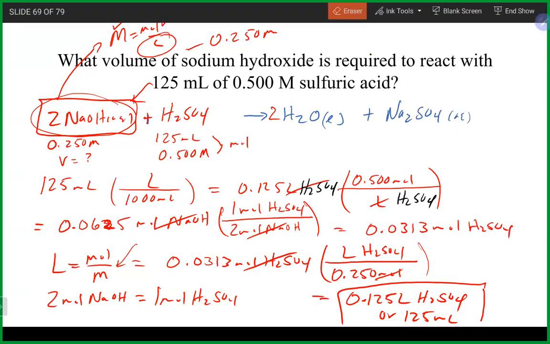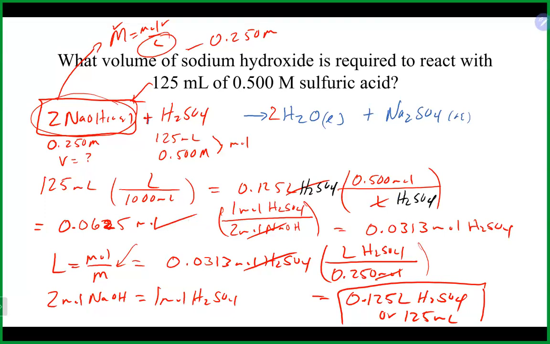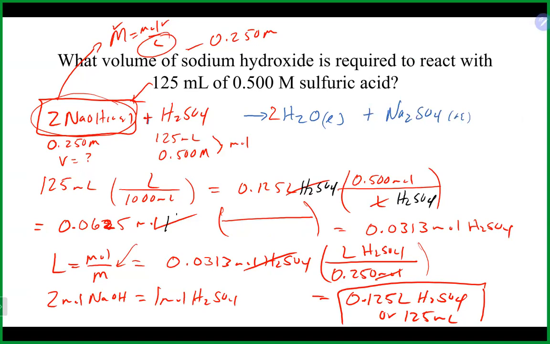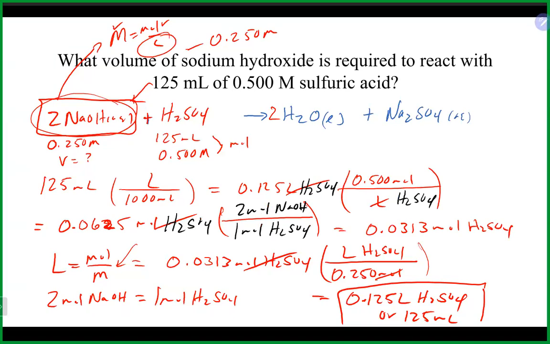We obviously will need to flip our stoichiometry here. So that's moles of sulfuric acid, which means 1 mole of sulfuric acid, 2 moles of sodium hydroxide. And that's going to give us a different answer here.